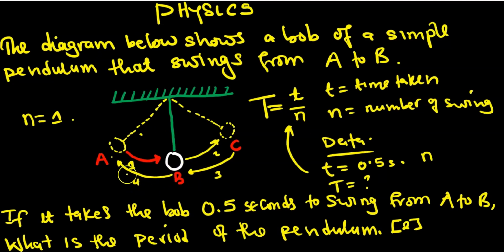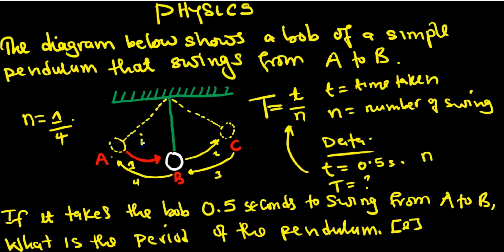All these 4 distances make up 1 swing. Now it has only moved up to this red part. So I've divided the journey that the bob moved into 4 parts, since one complete oscillation is 1, divided into 4 parts.